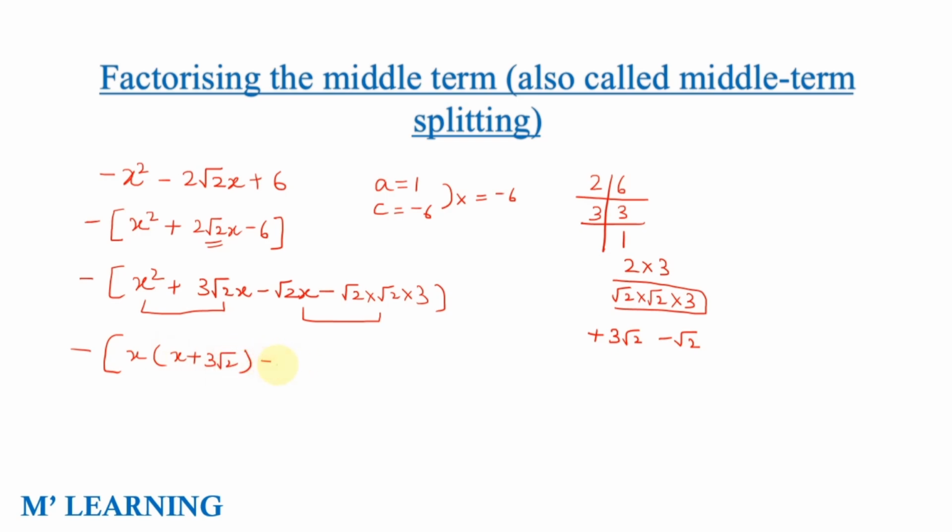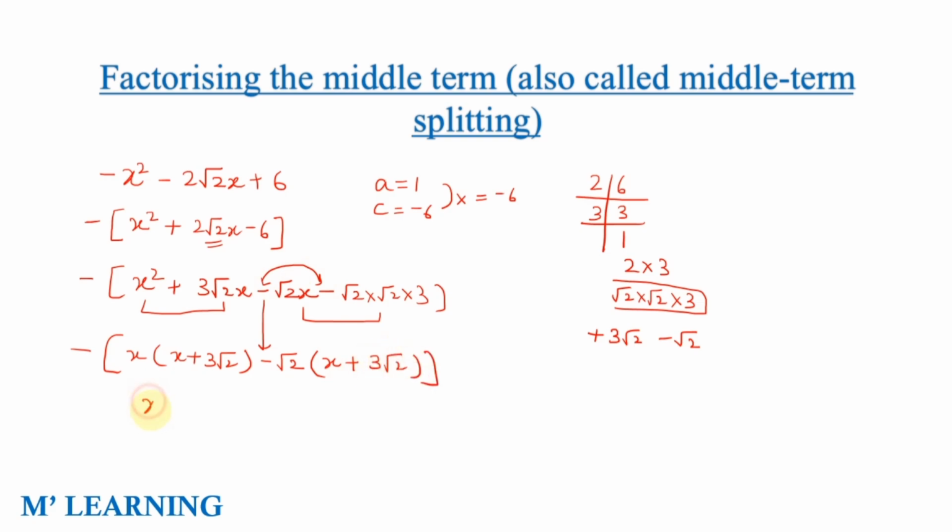Then here we can see we have minus root 2 common. The negative is with both the numbers, since obviously we have to take the same sign here, and we can see root 2 is common. So here we are left with x, and we know that minus and minus will become plus. So we'll write plus here and 3 root 2.